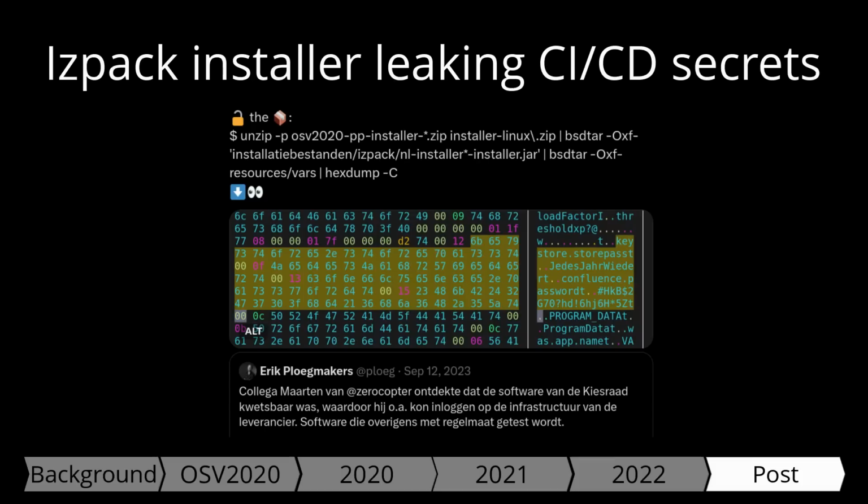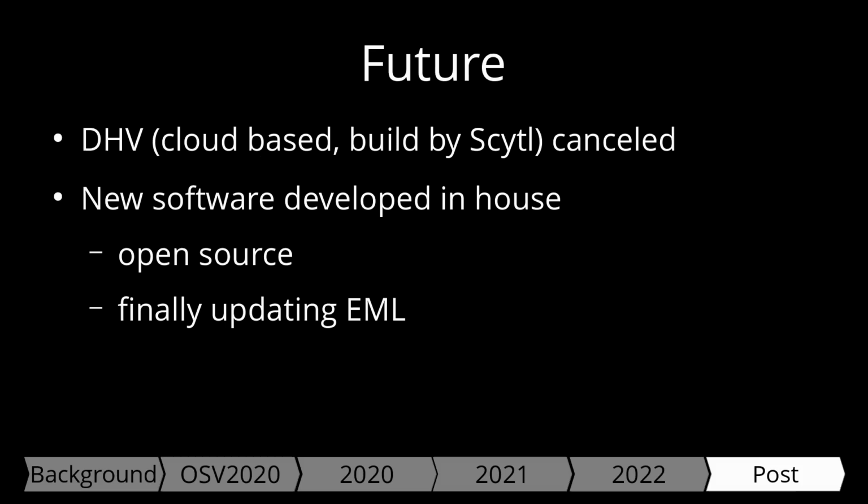I didn't find this out. He did, with a nice responsible disclosure. They fixed it. And I checked them all, and I think it wasn't present in the 2021 general election yet. So that was a positive thing.